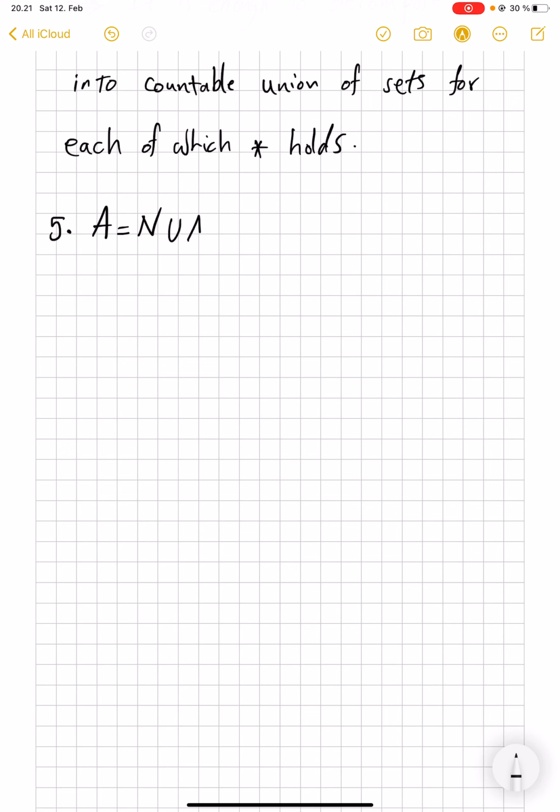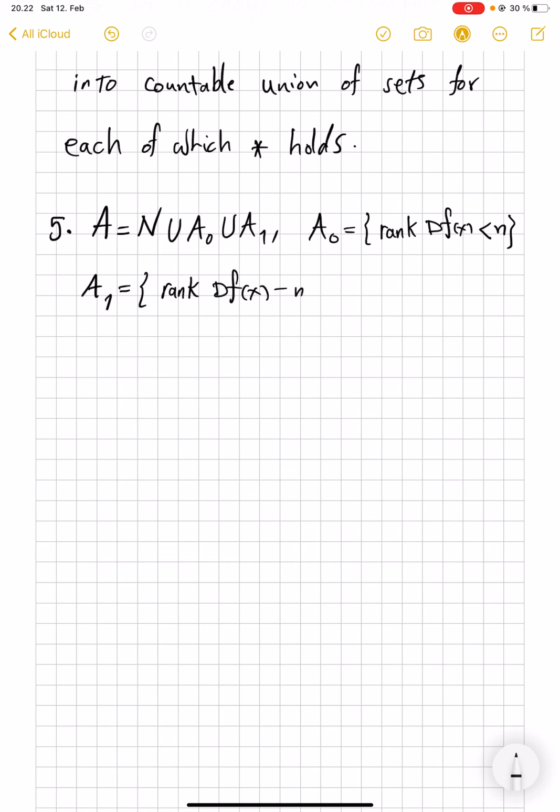Then A0 is the set where the derivative exists, but the rank of the derivative of f at x is less than n, with x from A, so that you're within A. And A1 will be those x's in A where the rank of the derivative equals n.